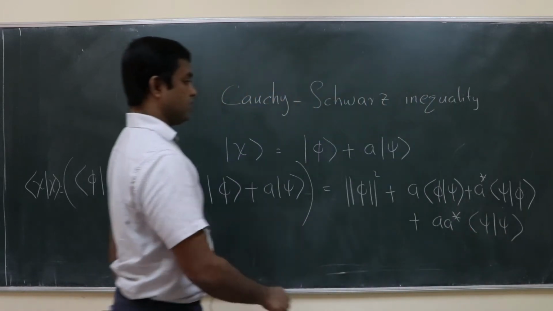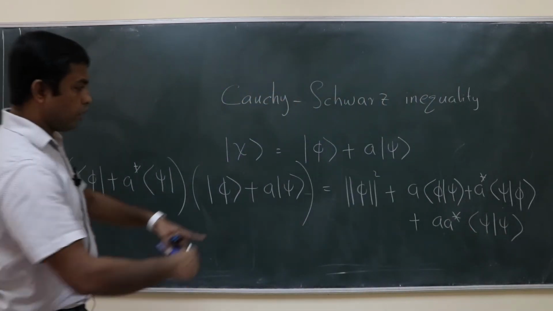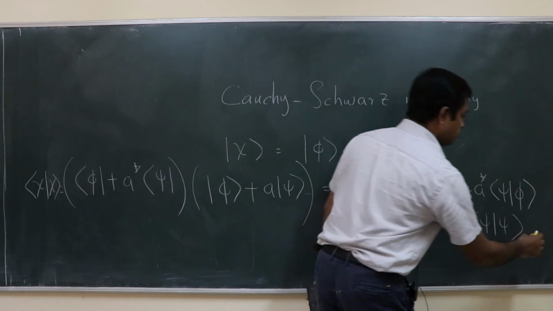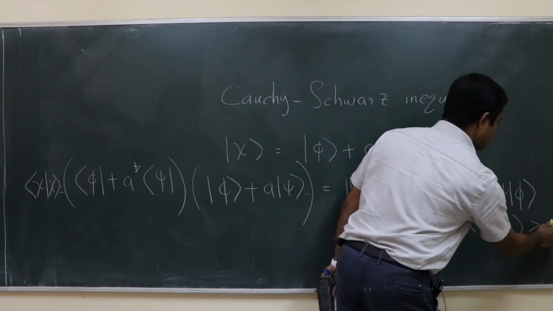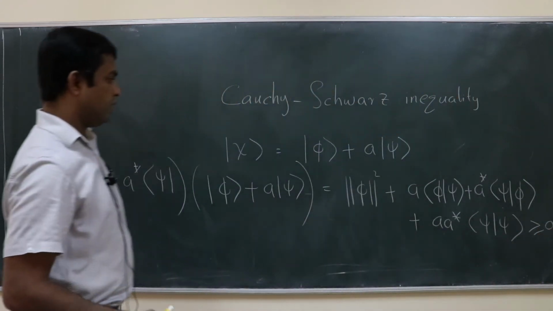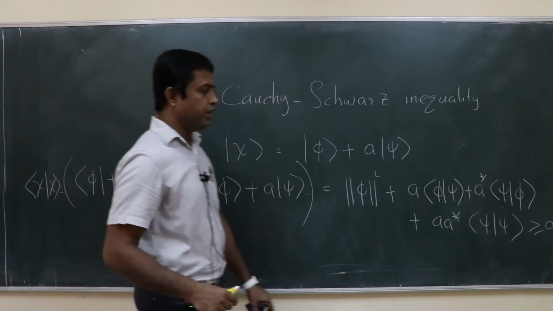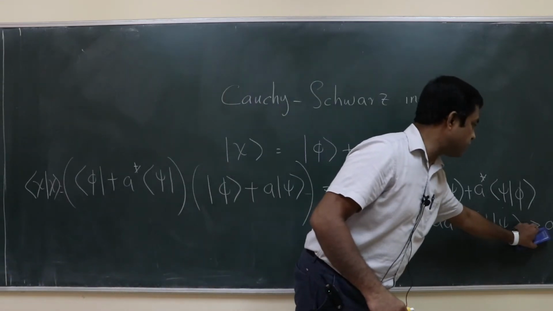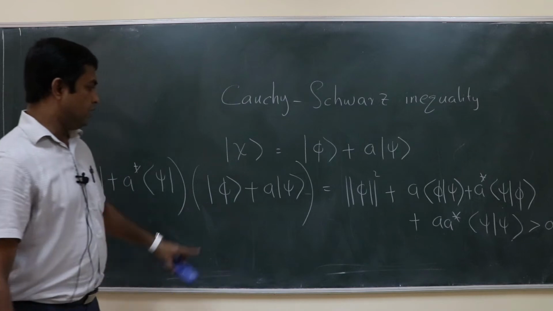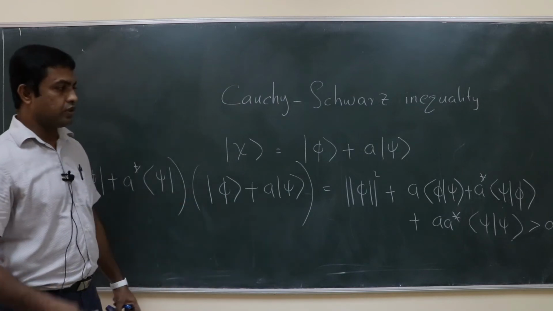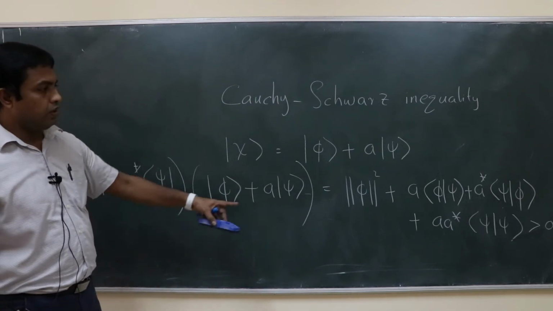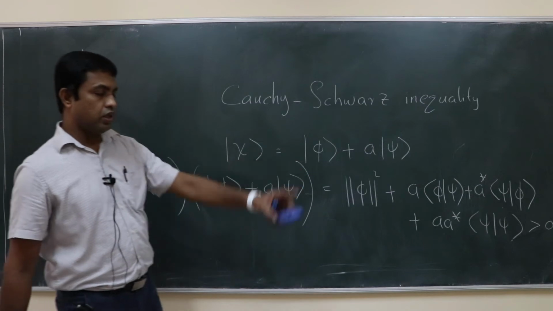So this quantity should be greater than or equal to 0. If it is not a null vector, this quantity will be greater than 0. If ket phi plus a psi is not a null vector, then obviously this is greater than 0.